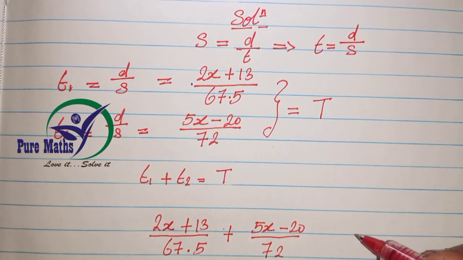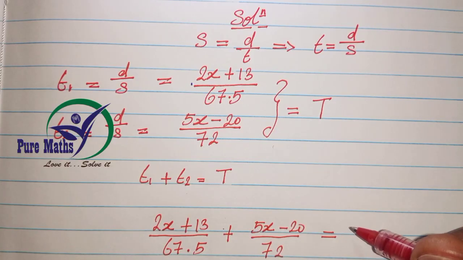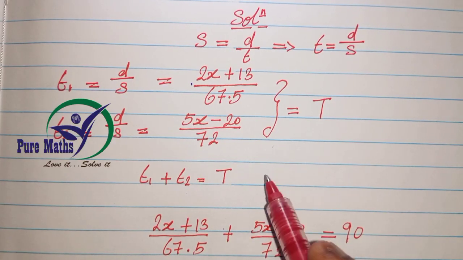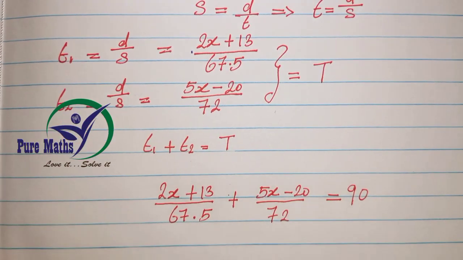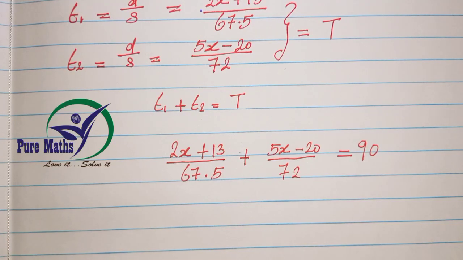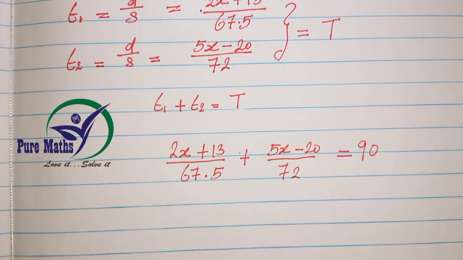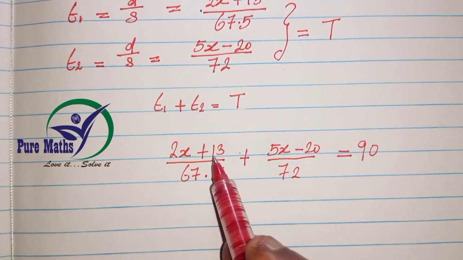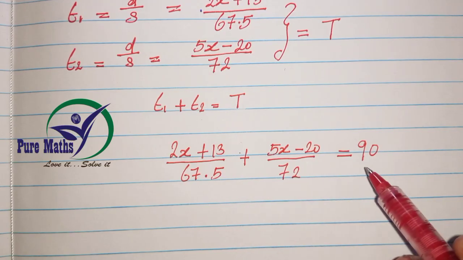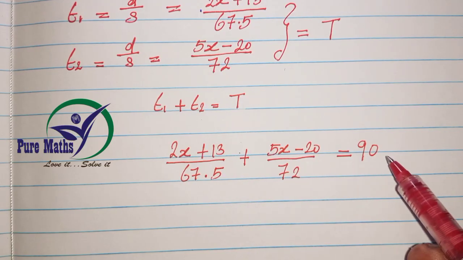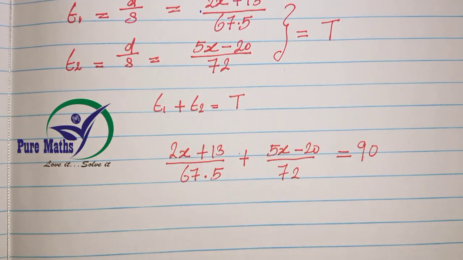And of course this is equal to 90, which is our total time T. So having this, we have two fractions adding themselves, and we are equating it to a whole number. From this we can apply our common knowledge of addition of fractions.